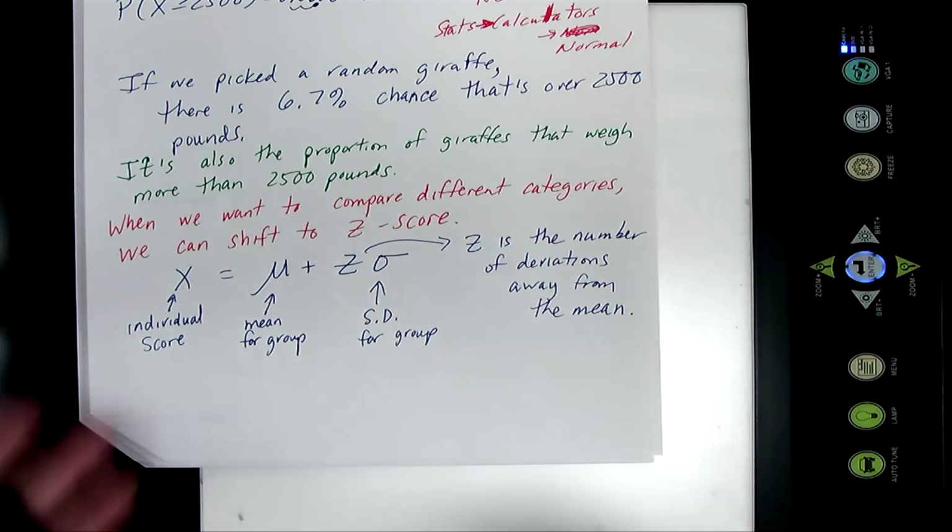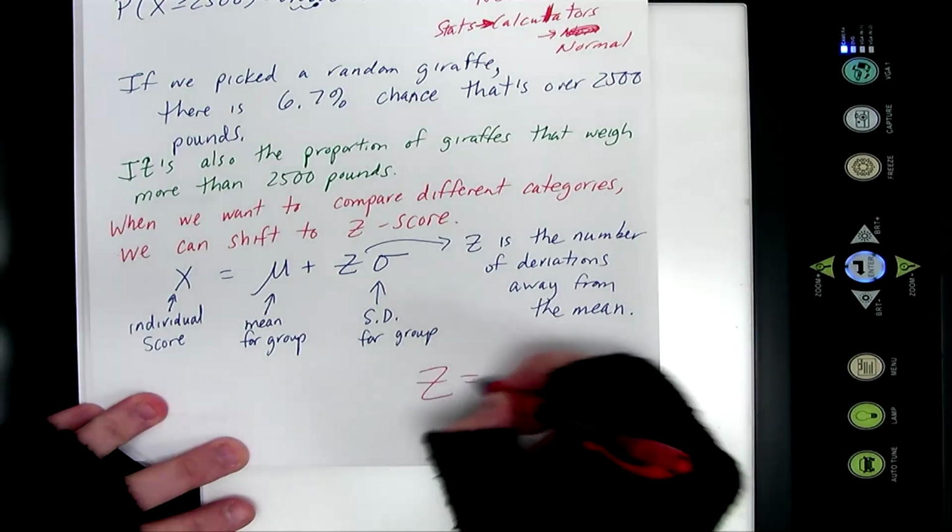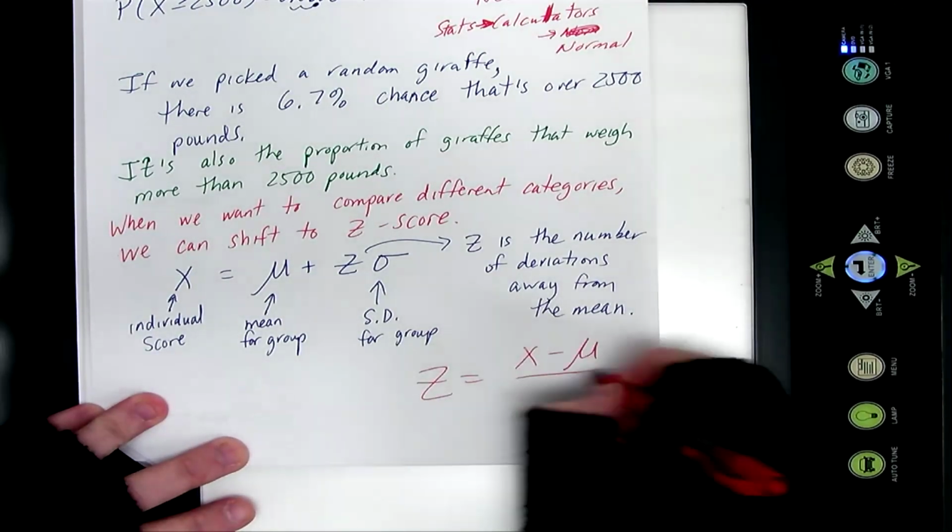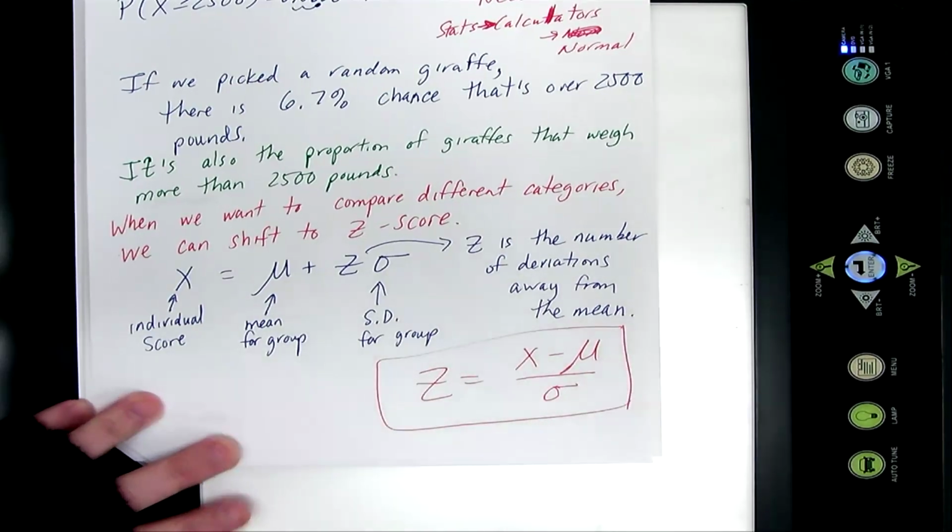And we solved that for z before: we had z equals x minus mu over sigma. That was the equation we had before, and it's still valid.